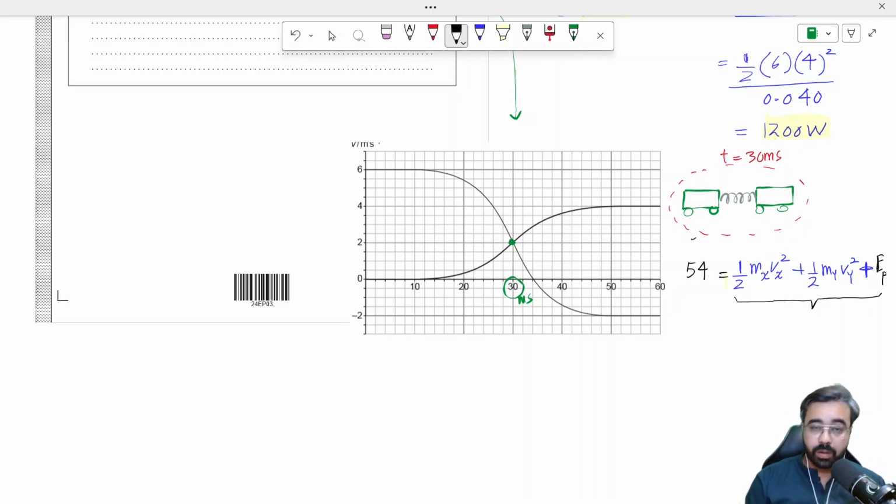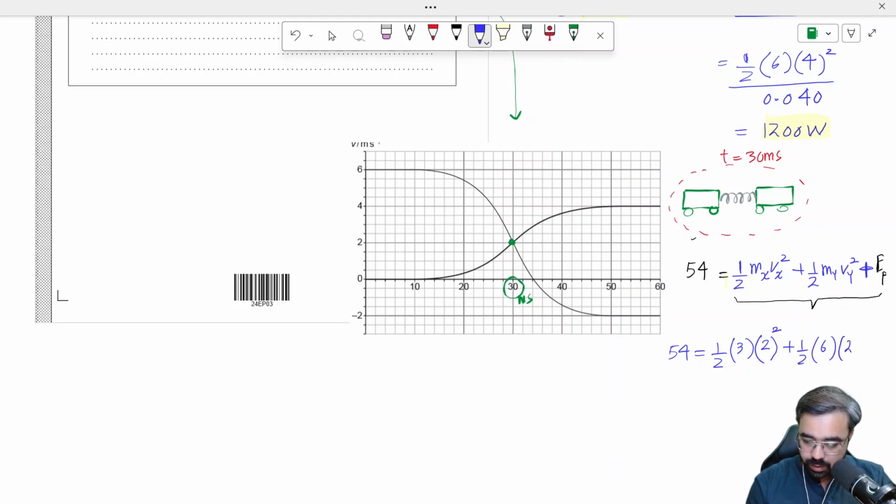If you remember, we had calculated this energy in the first question, right? So if you find their kinetic energies during this collision, you can find the potential energy. So 54 is equal to 1 over 2, I'm just plugging the values. So see here, I have put the 2, velocity 2, plus 1 over 2, the mass of y is 6, and its velocity is also 2, because these two graphs intersect at this point.